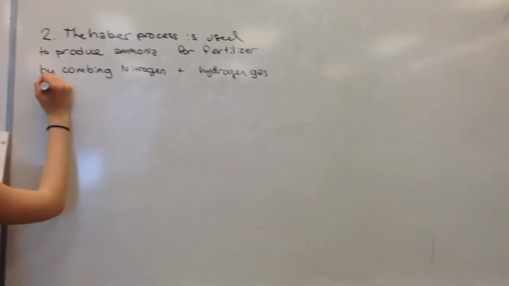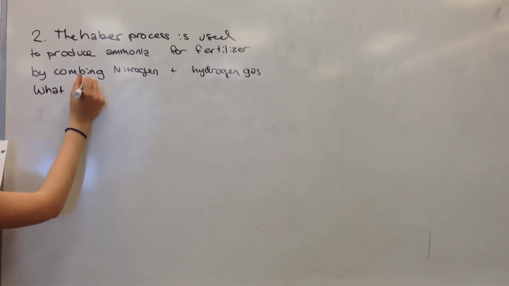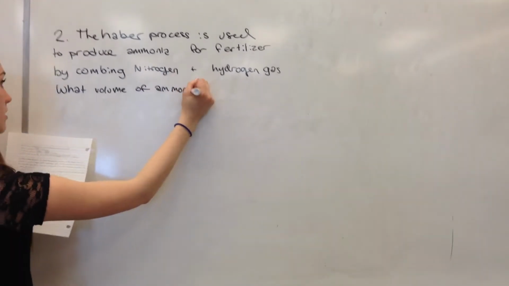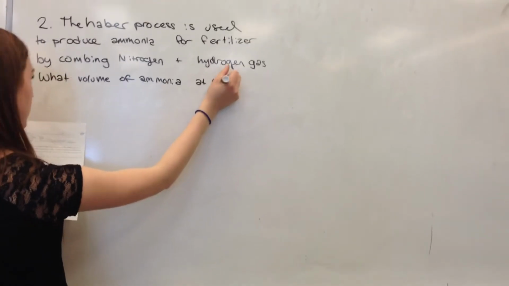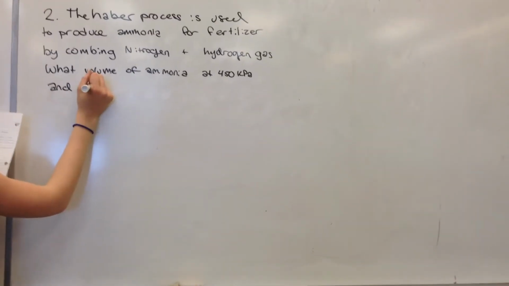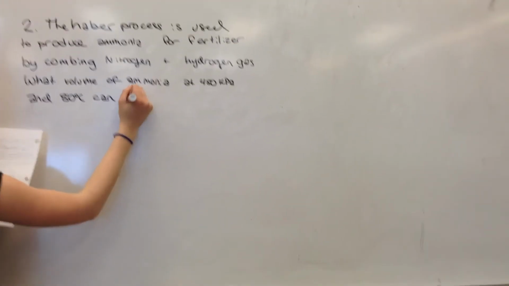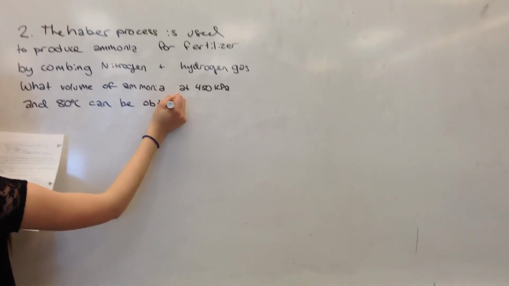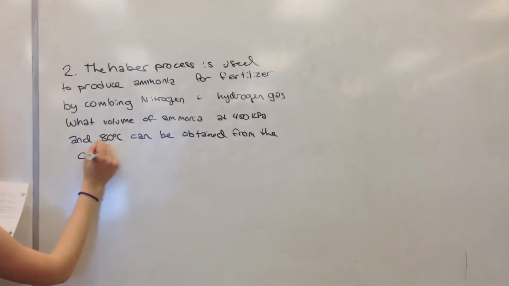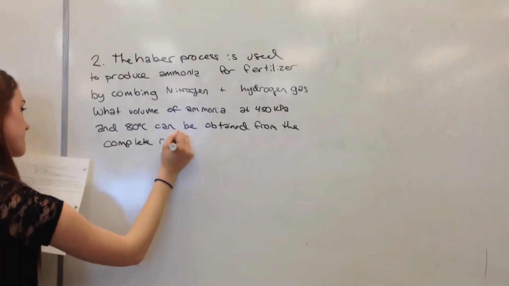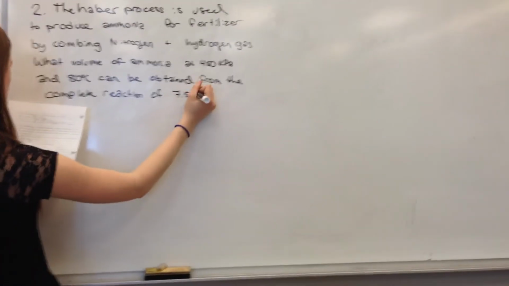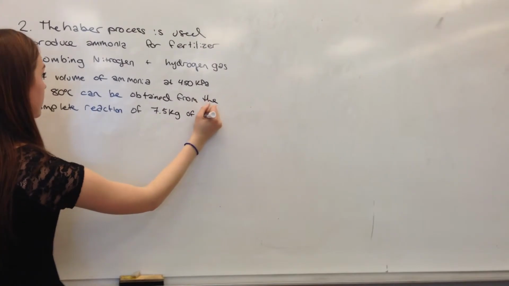Okay, so what volume of ammonia at 450 kPa and 80 degrees Celsius can be obtained from the complete reaction of 7.5 kilograms of hydrogen gas.